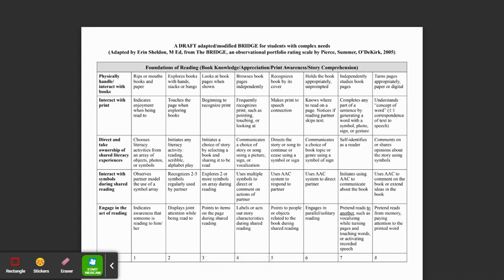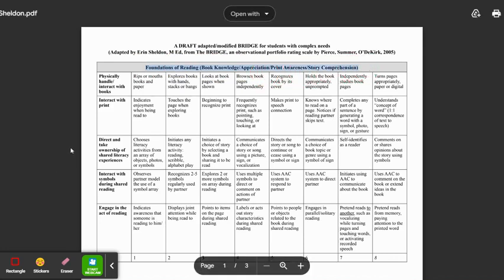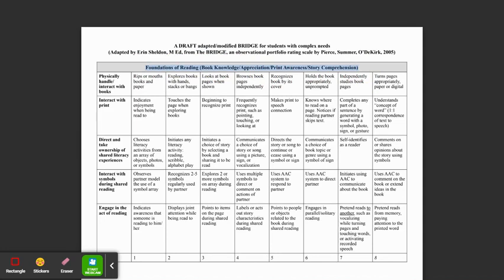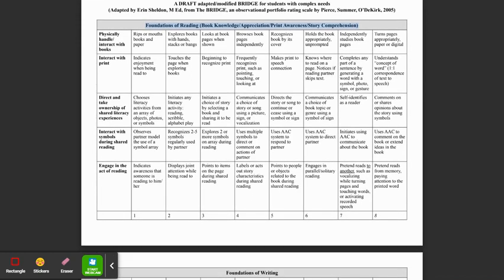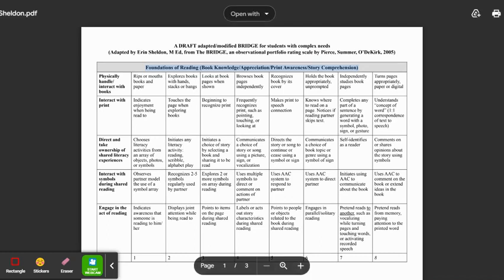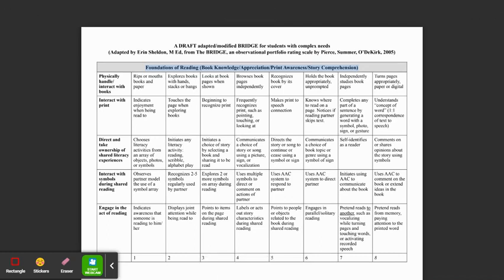So for example, this first area of foundations of reading, book knowledge, appreciation, print awareness, or story comprehension, we're going to look at how they physically interact with the books, how they interact with the print, how they share literacy experiences, interact with symbols, and engage in the physical act of reading. So let's take interacting with print. The first would just be indicating enjoyment when being read to. Then moving to touching and exploring the pages, or this could also be with a switch if you have someone with a complex body.